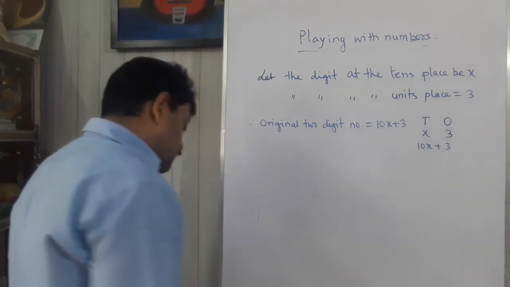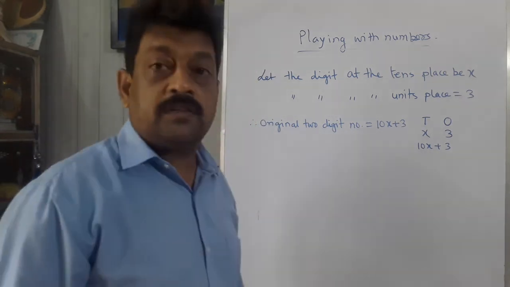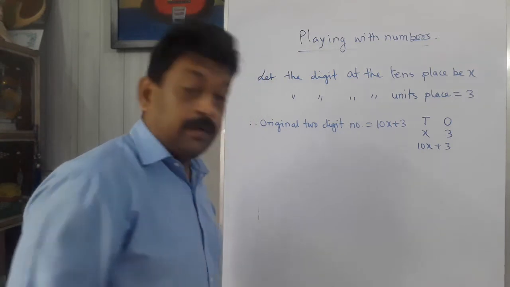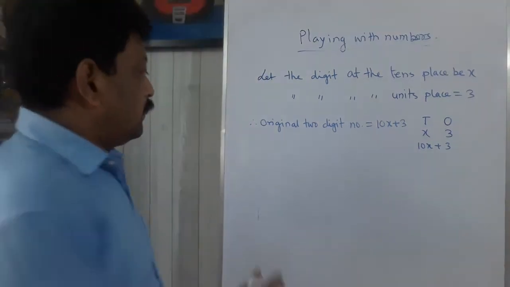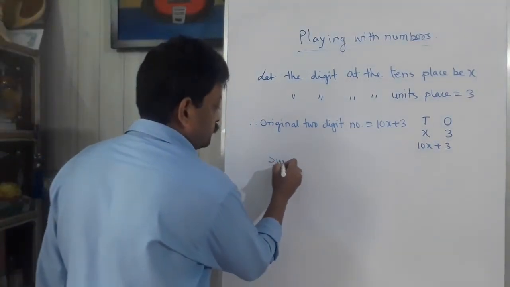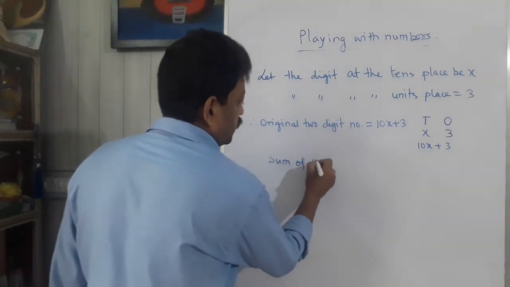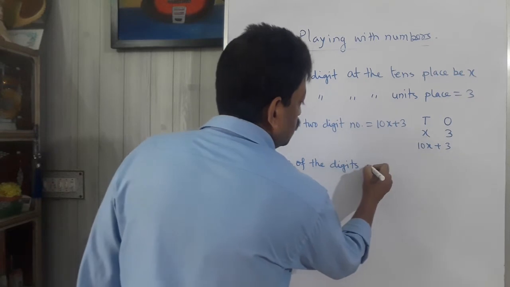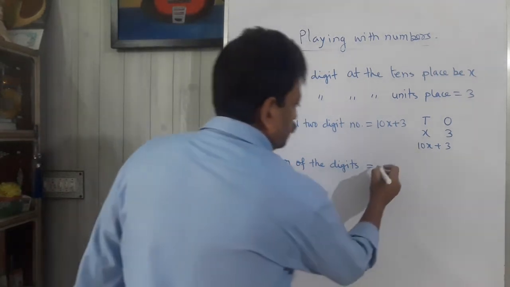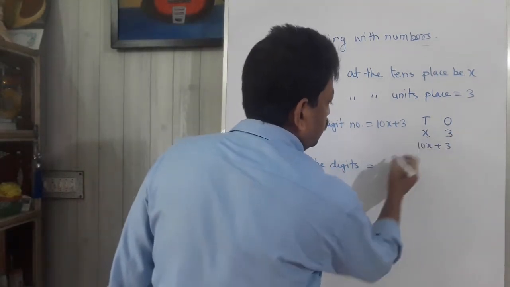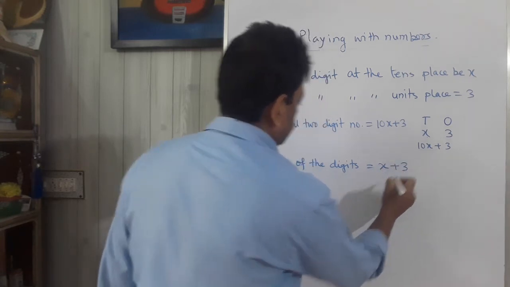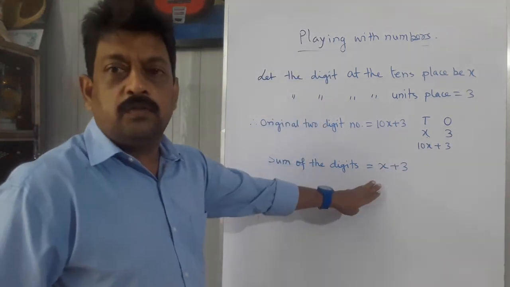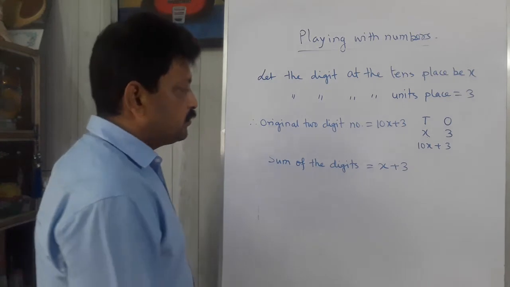The second condition says that 7 times the sum of the digits is the number itself. So the sum of the digits equals x plus 3. These are the digits.